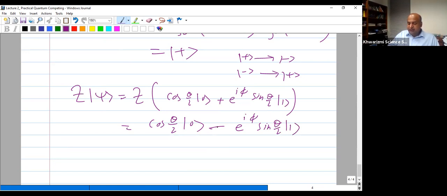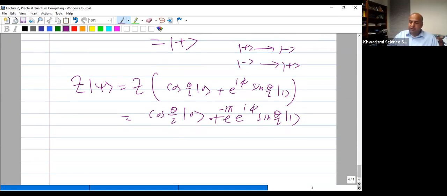But this minus I can write as exponential minus iota pi, because when I expand it, we get cos pi, which is minus 1.